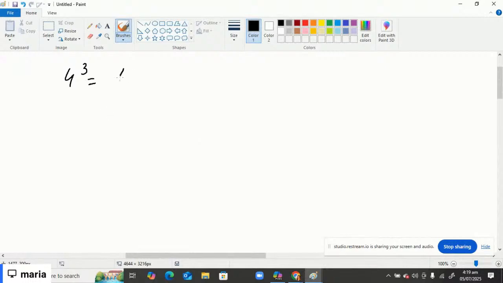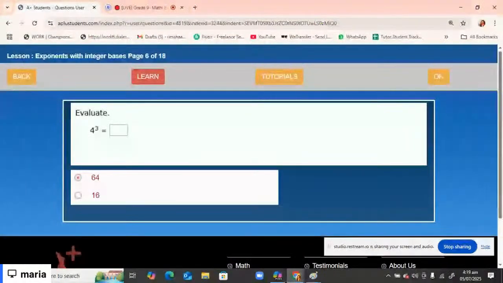Four times 4 times 4. 4 times 4 is 16. 16 times 4 is 64. Okay, so you just need to multiply these digits. So here we go with it.